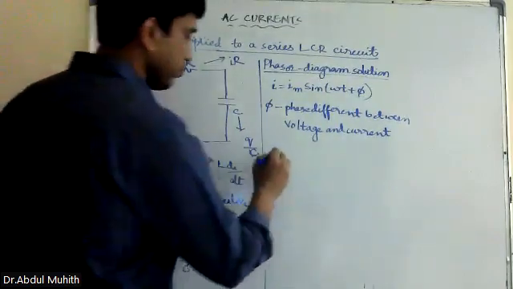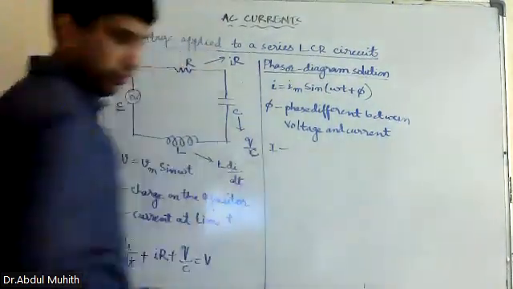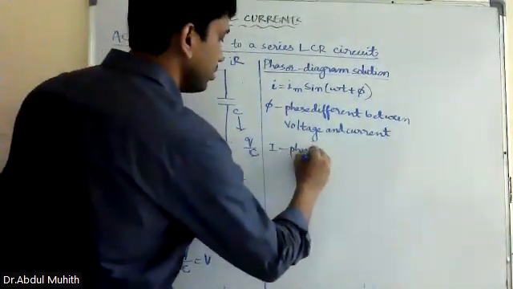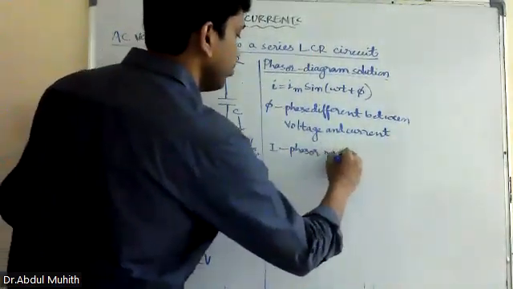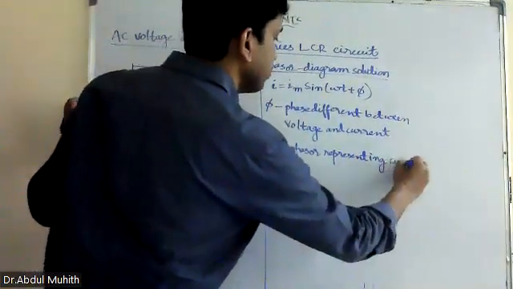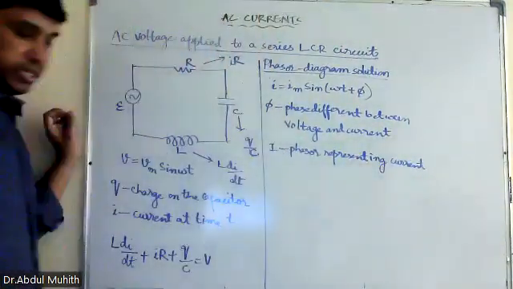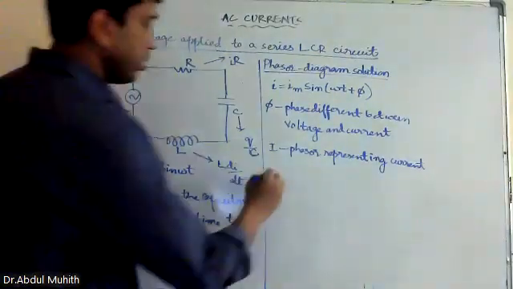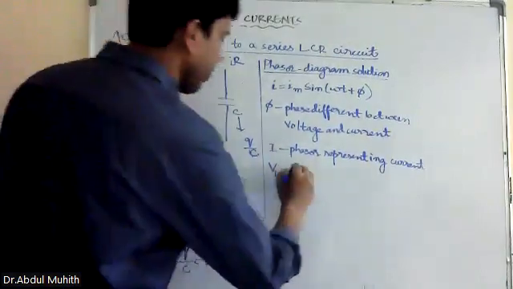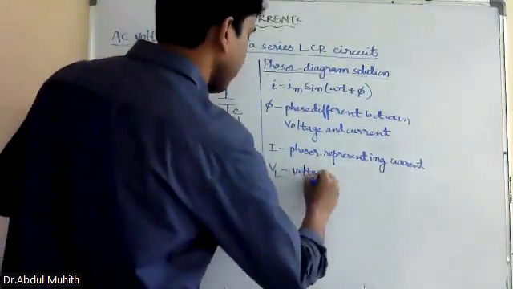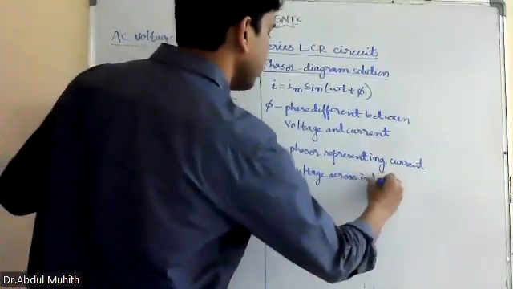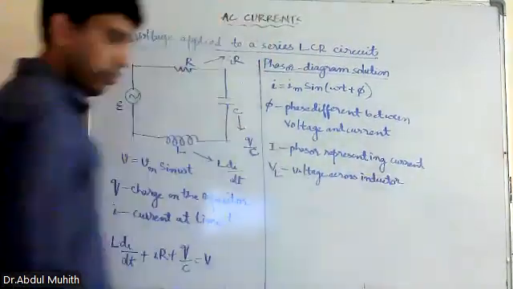I is what? Phasor representing current. And VL is voltage across inductor.